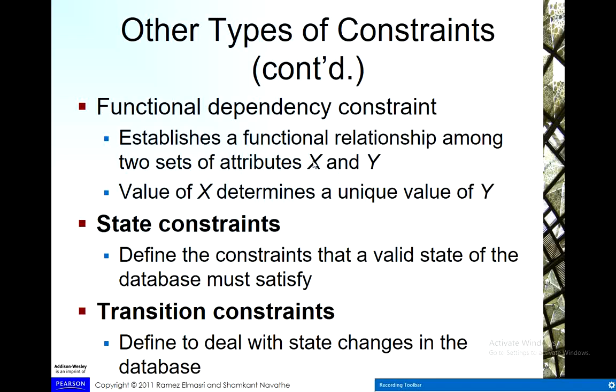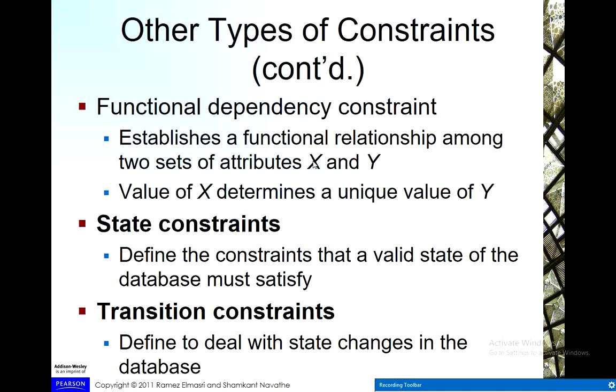So that means y does not exist if x is not there. So this functional dependency constraint establishes this relationship among two sets of attributes, and they are dependent on each other. In other words, one of them is dependent on another one, or two of them can determine one, or one of them can determine two. This kind of dependency is called functional dependency.